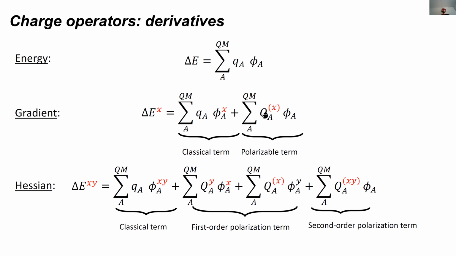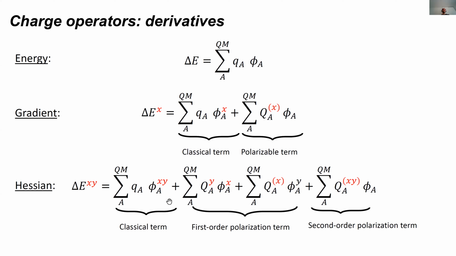The gradient has two terms. One term can be called the classical term, in which the atomic charge is fixed and we only vary the external field. And then we have another term which comes from the polarization of the density, which is the derivative of the atomic charge interacting with the fixed external field.